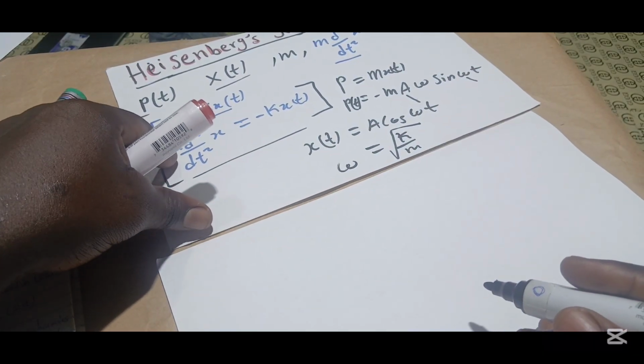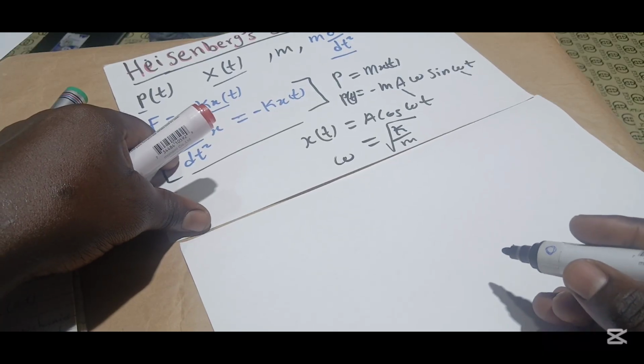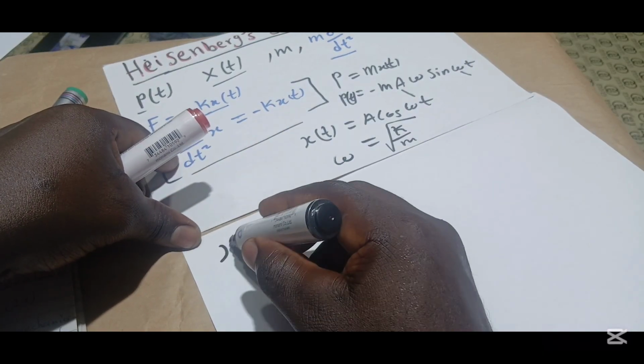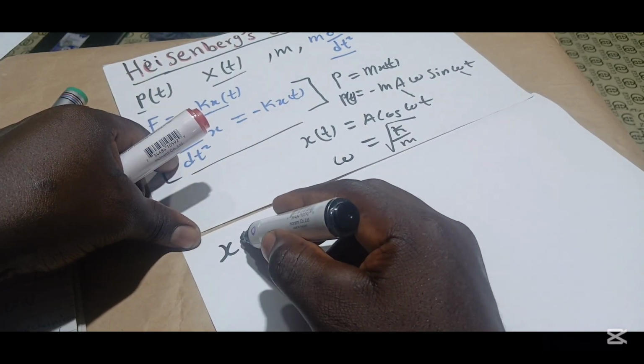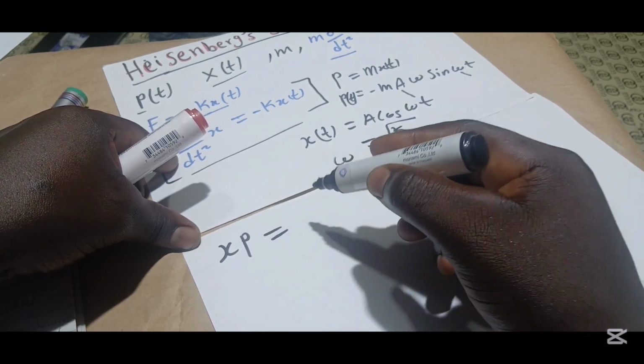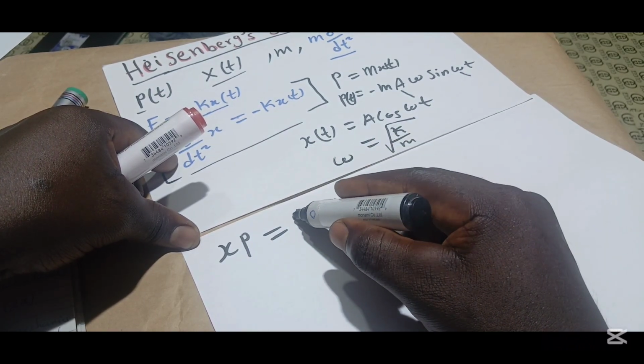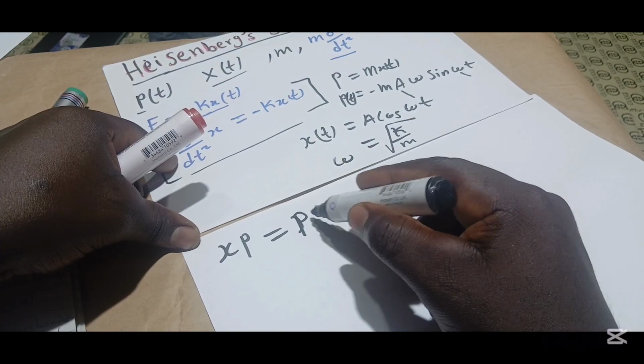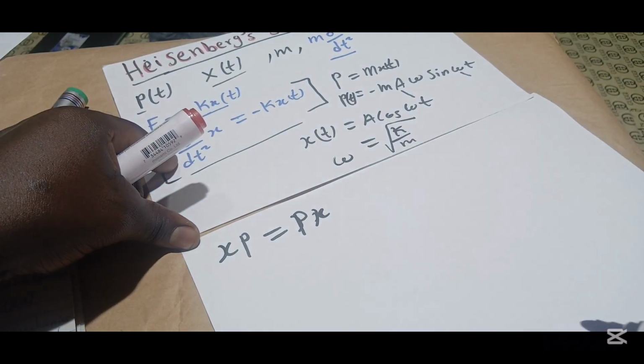So according to classical physics, if we multiply, let's say, xp, the result that we get will be the same as multiplying p by x.